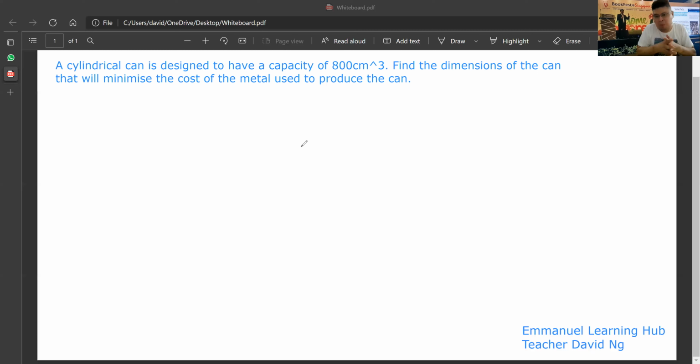So of course, from a business point of view, you want to minimize your cost of production. To minimize the cost of production, you need to minimize the amount of metal you need to produce the can.